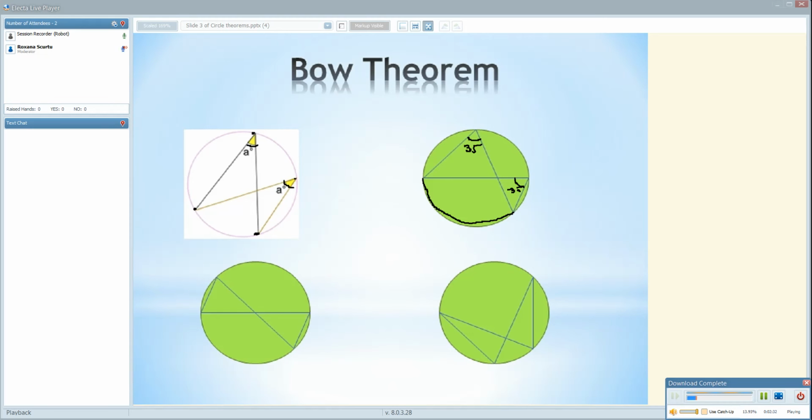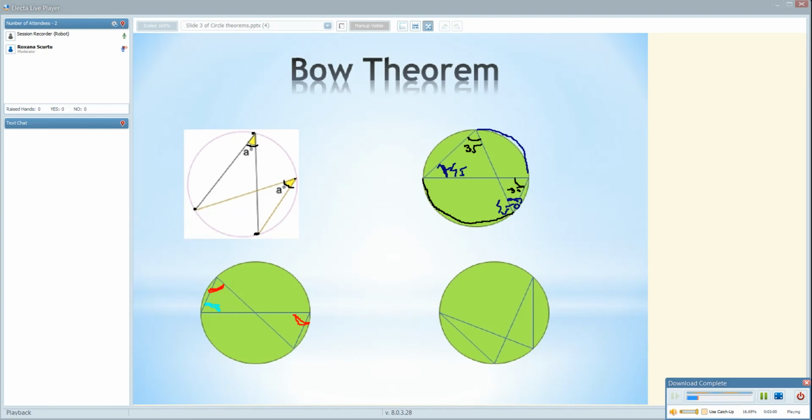Yes, let's see. We have two others, so I'm going to take a different color, maybe a blue. So this angle here and this angle here, they have the same chord here. So they're going to be equal, yeah? So if this one was 45, this one would be 45 too. In this case, we have this angle here and this angle here equal.